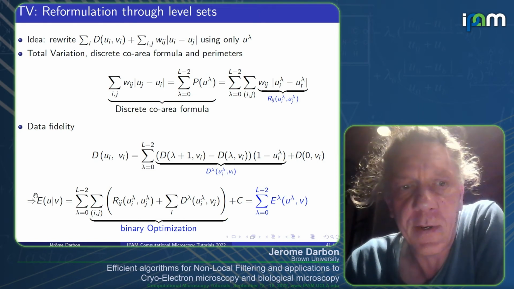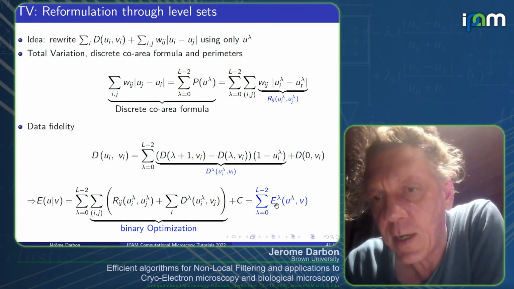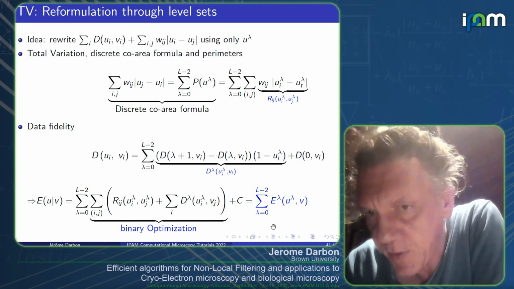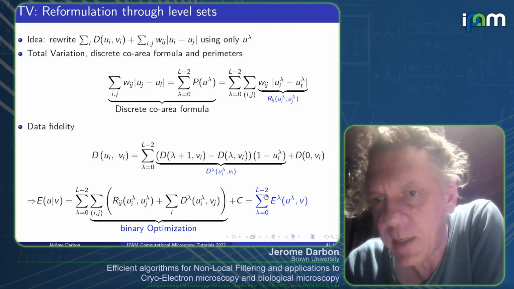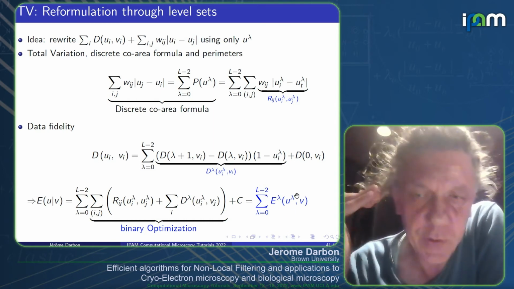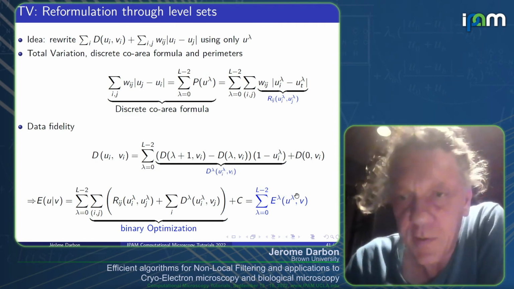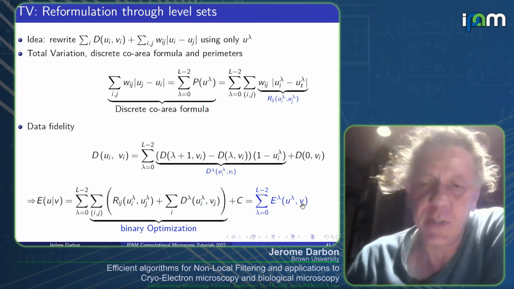You plug that together, the original energy that you want to optimize can be written as follows. It's a sum of binary energies that are associated to each level lambda at which you do the threshold. So it's a sum of binary optimizations.